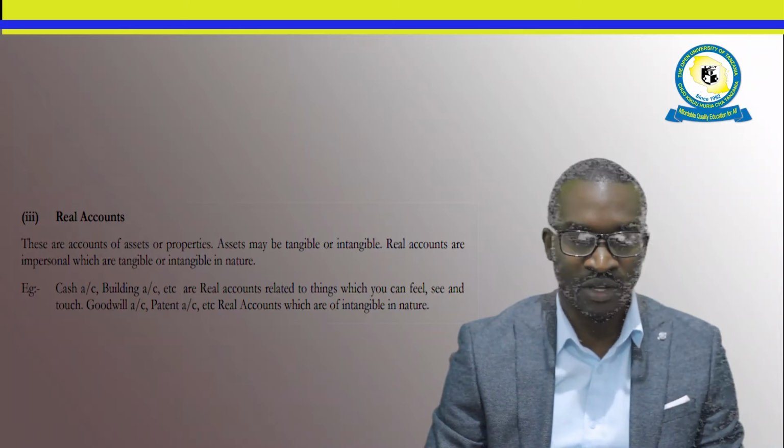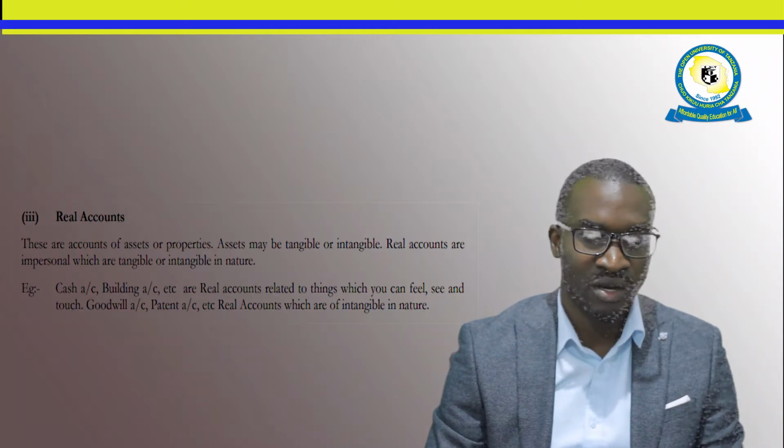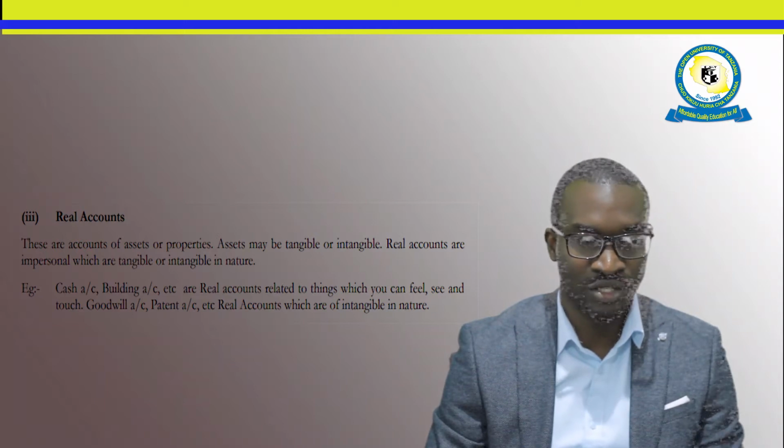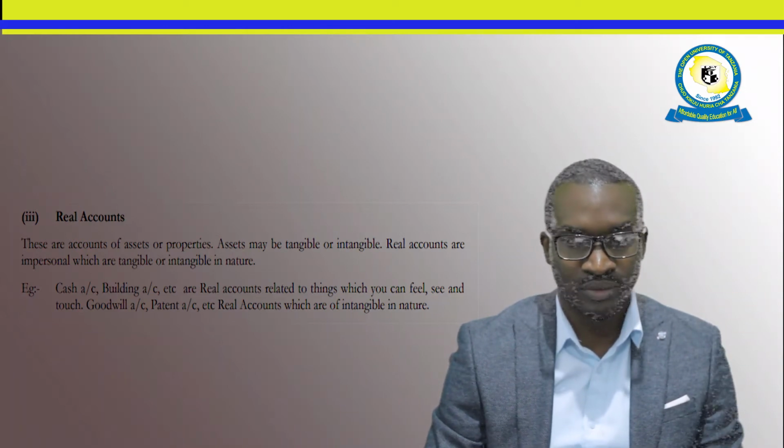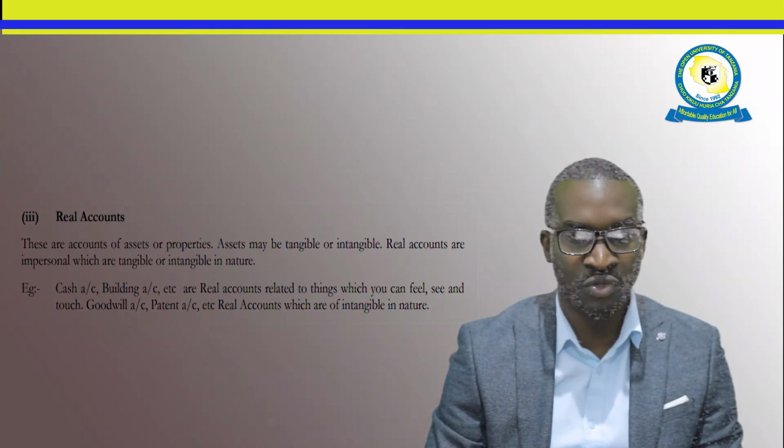Let us see some examples of the real accounts. One example of a real account is the cash account, a building account, and elements that fall under the category of an asset. We are saying real accounts relate to things that you can feel, you can see, and you can touch.